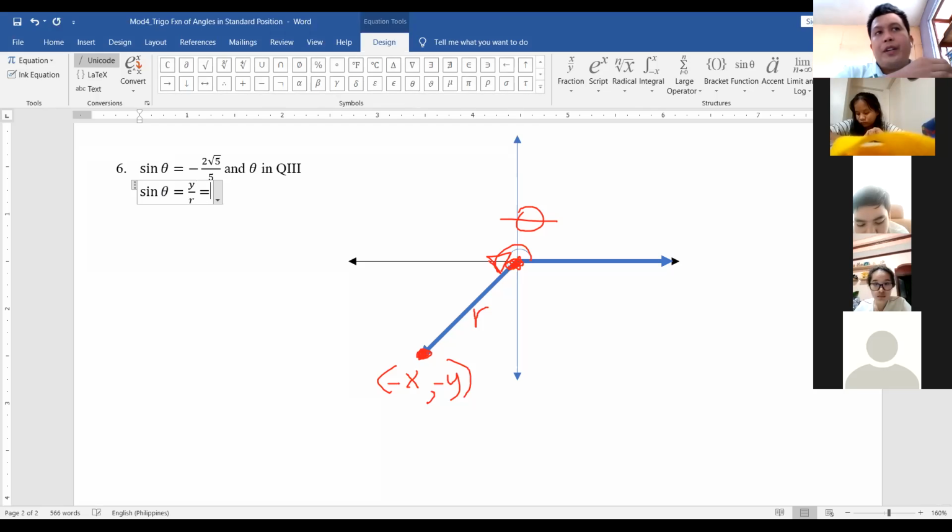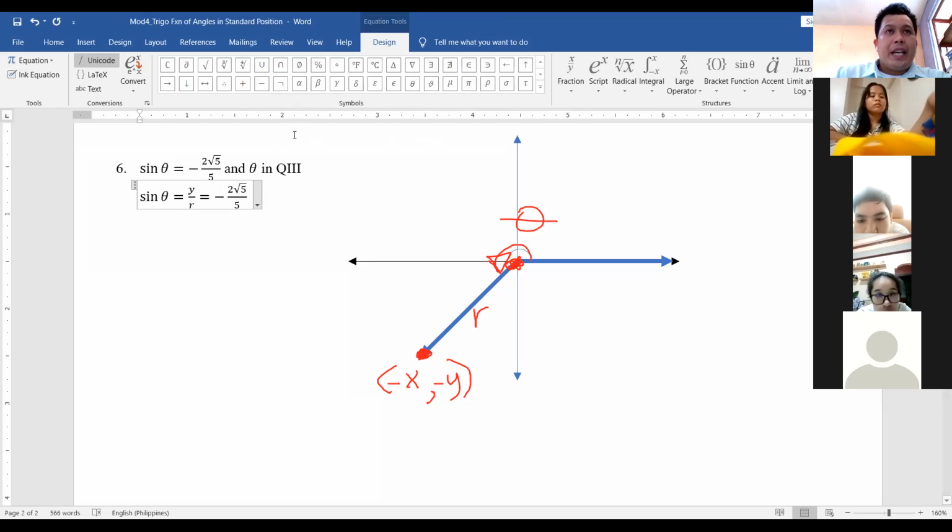And the given is negative 2 square root of 5 over 5.